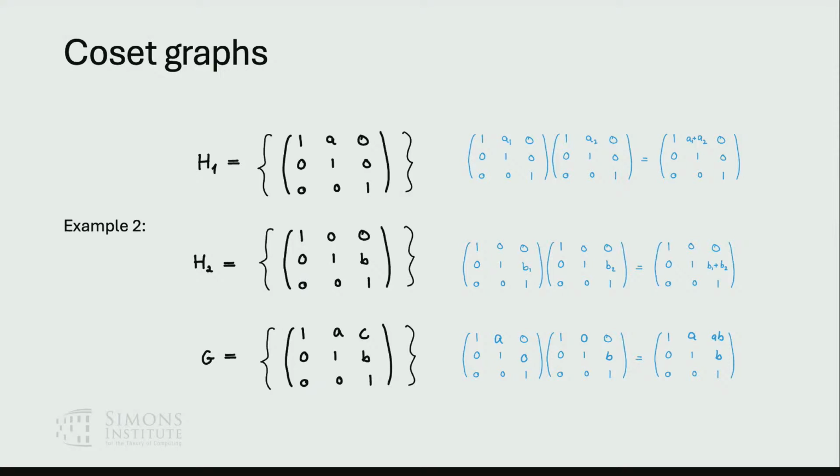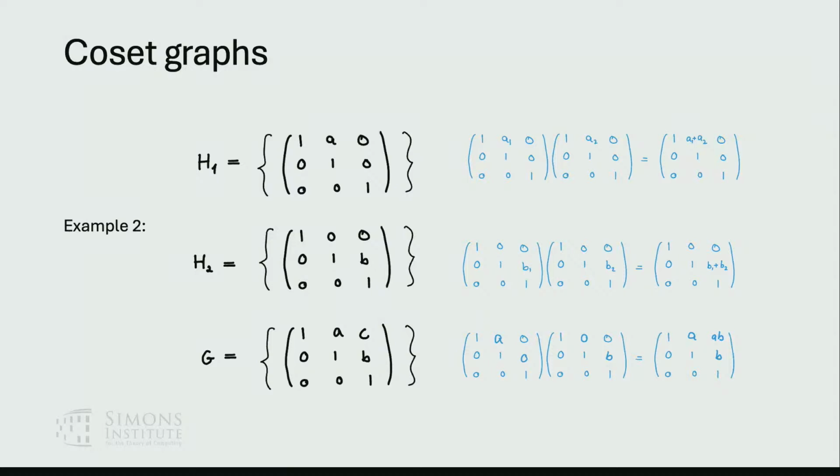And similarly, H2. H2, the non-zero guy is here, but when you multiply, you get addition. Okay, it's nice that you can get addition while doing matrix multiplication. Right? Okay, so that's H2, also just an abelian copy of FP. But the product is now more interesting than the earlier one, where we had just a product of two abelian groups.